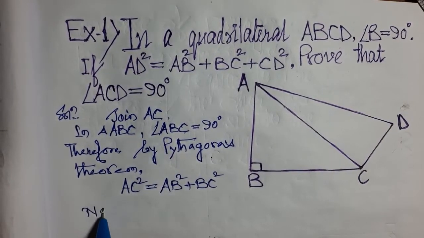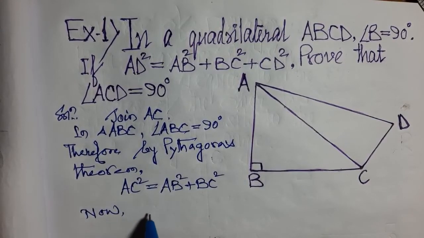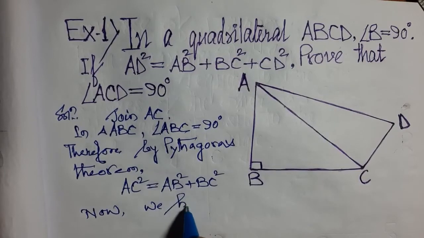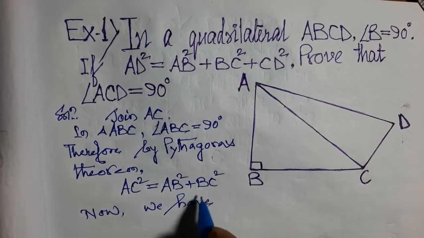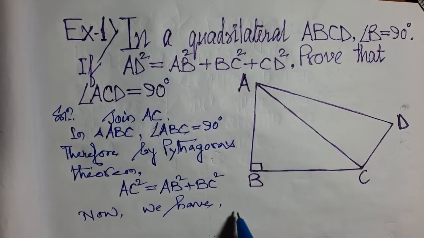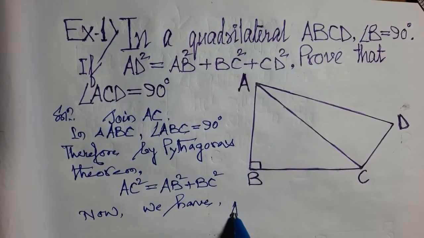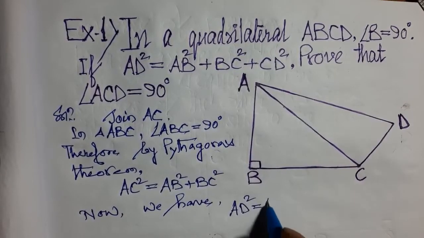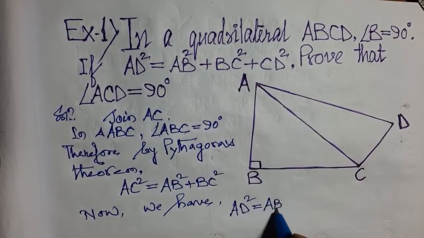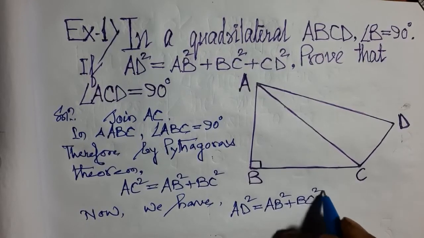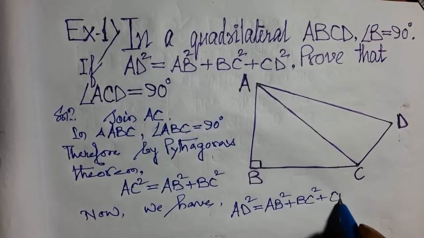Now we have AD square is equal to AB square plus BC square plus CD square.